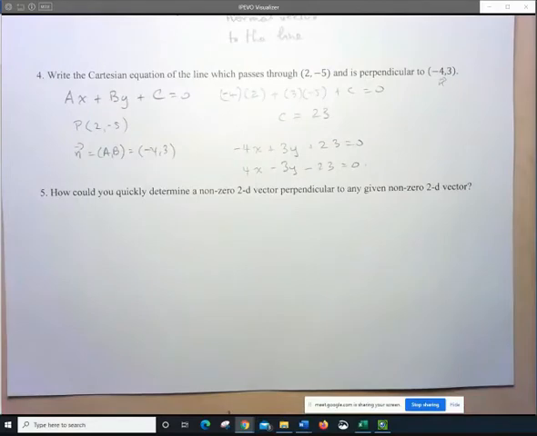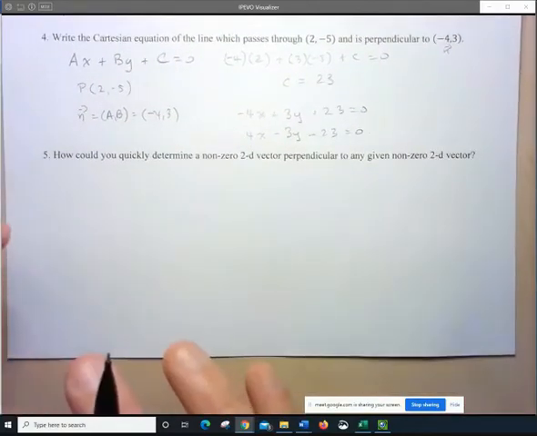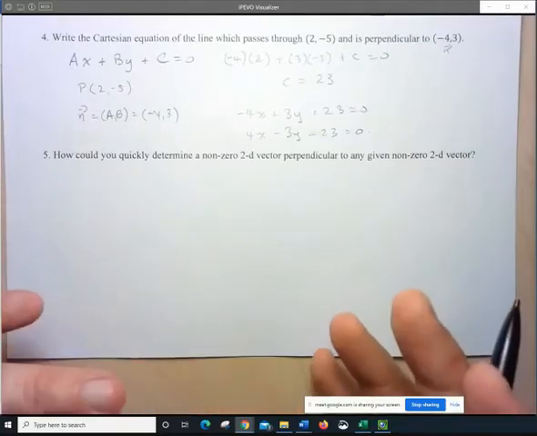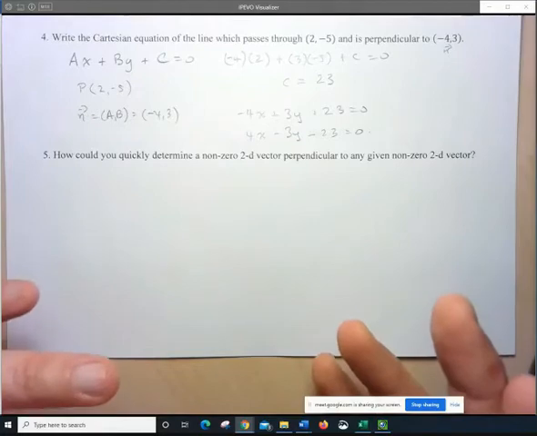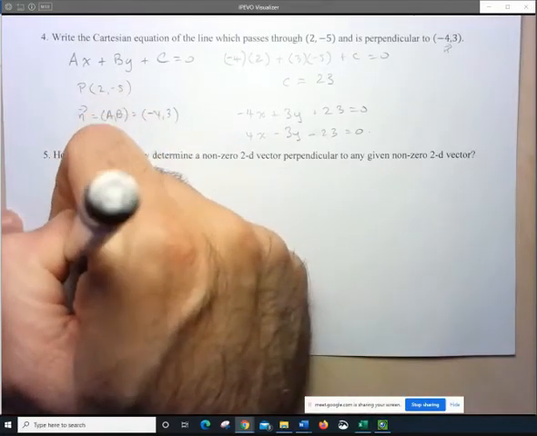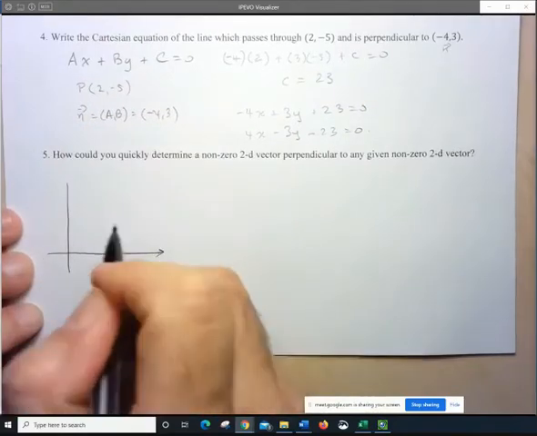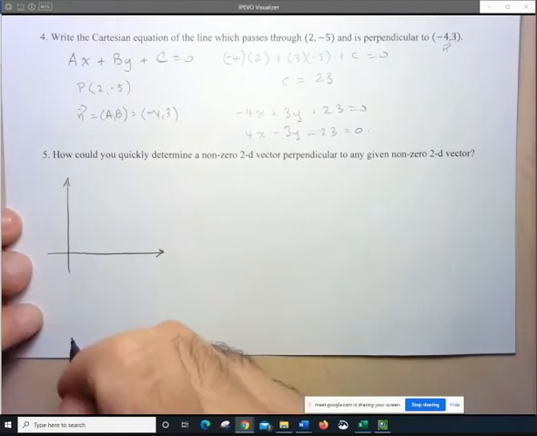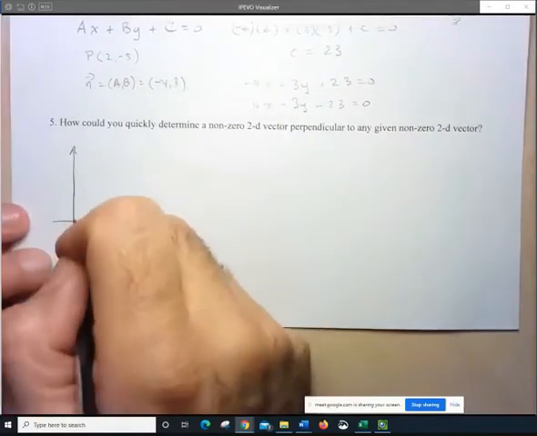And there's a quick way to take a normal vector and turn that into a direction vector, or to take a direction vector and turn it into a normal vector. In other words, is there a quick way to take a vector and to determine a perpendicular vector?